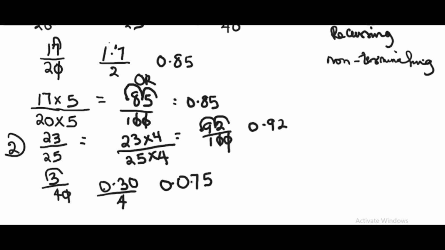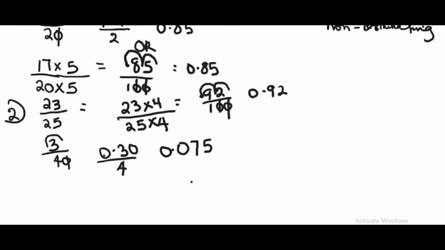Right? Okay. Now, which other way can this be done? Now, 40 is a factor of 200. So I'm going to multiply 40 by 5 and then multiply 3 by 5 so that I will have 15 over 200. Right? So if I cancel my 0, I move 1.